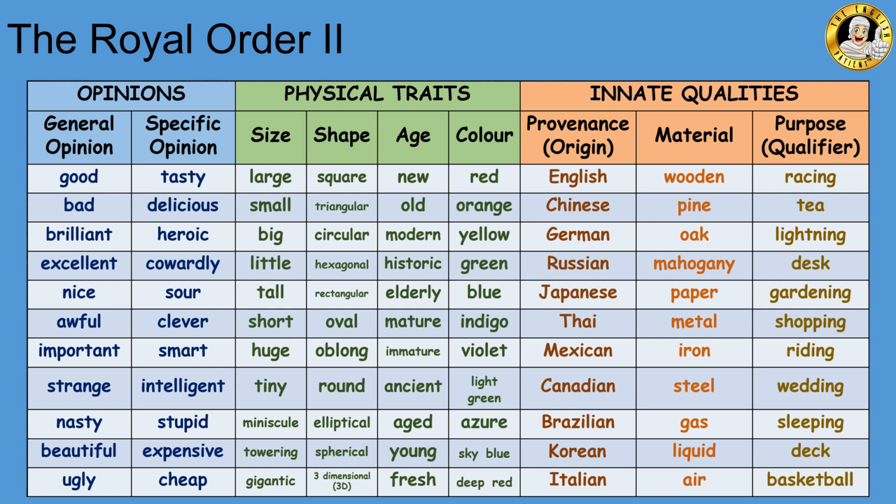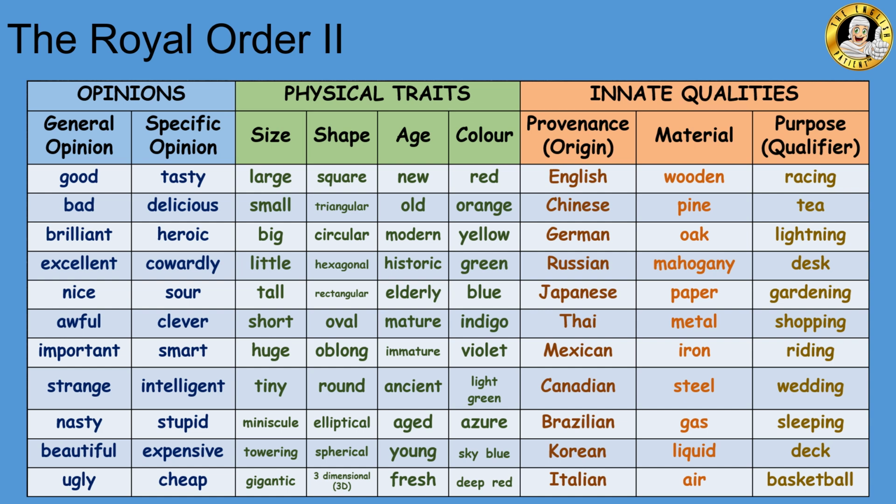And once again, technically, these are not actually adjectives. These are gerunds which are actually going to form compound nouns. For example, racing car. It's telling you what the car does, the purpose of the car. And race, the verb to race, has been changed into racing to tell you the purpose of the car. So racing car, and you can use other compound nouns with this as well, like tea bag, lightning rod, desk chair.